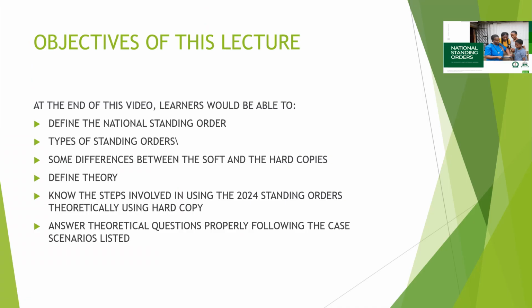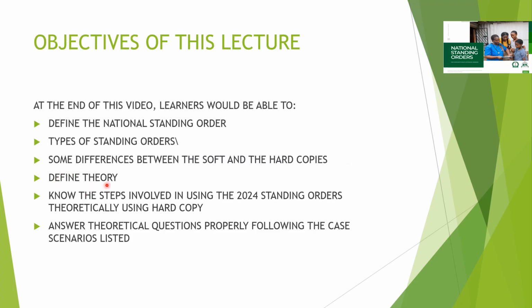So the objective of this lecture is that at the end of this video, learners would be able to define the national standing orders, types of the standing orders, and some differences between the soft and the hard copies of the standing orders.